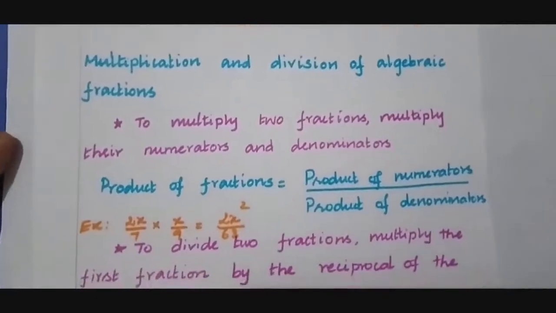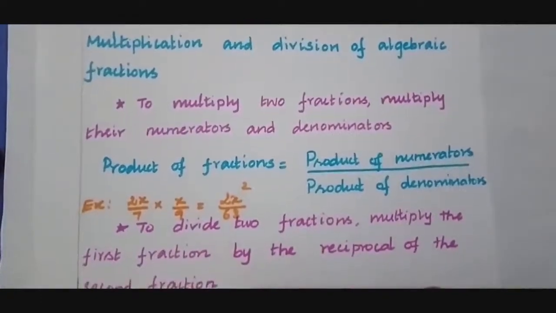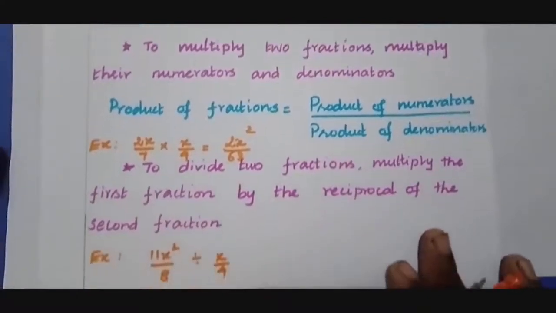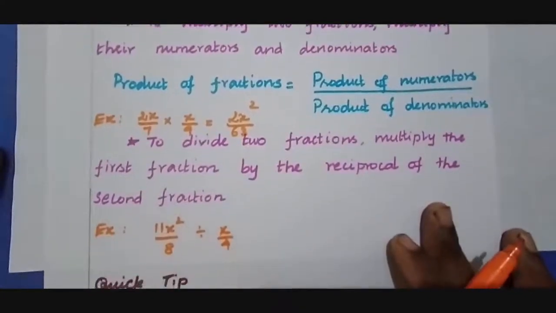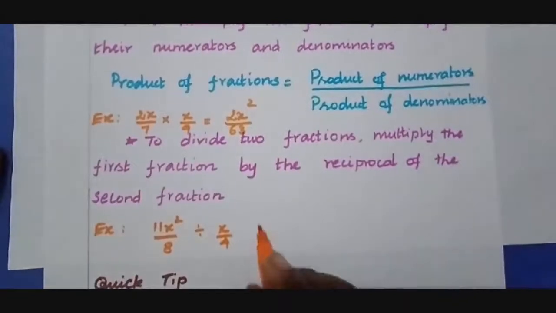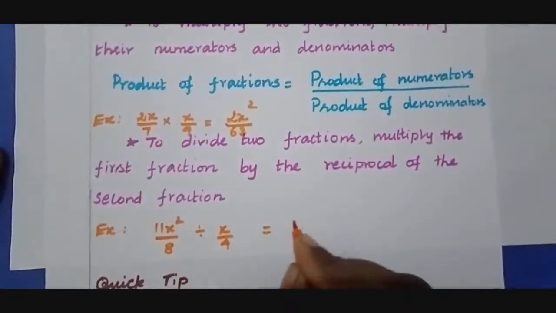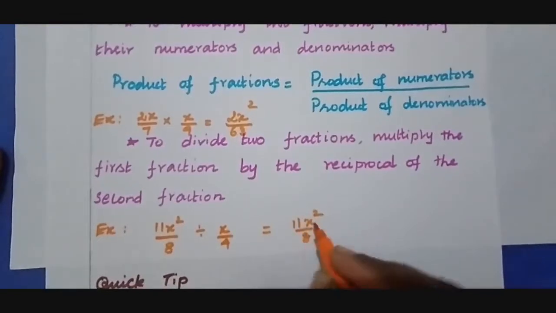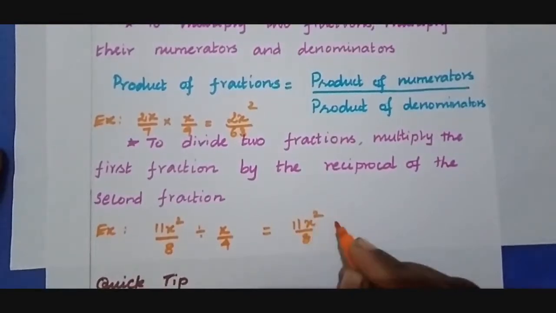To divide two fractions, multiply the first fraction by the reciprocal of the second fraction. So example, 11x square by 8 divided by x by 4, which is equal to 11x square by 8, multiply the first fraction by the reciprocal of the second fraction.